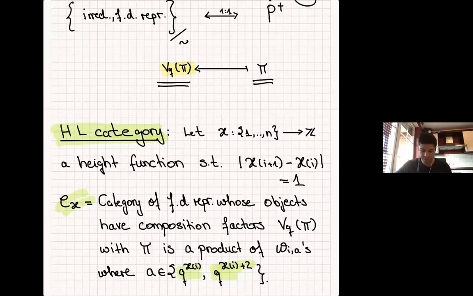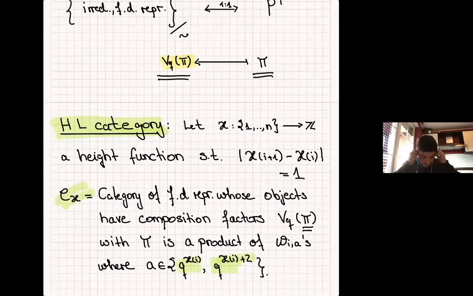So they are all irreducible. Well, it's a Jordan-Hölder series, but you want to say that this pi is a product of these omega i,a's where you allow particular a's. Well, and this depends on the height function. You take q to the power kappa of i, or q to the power kappa of i plus 2. Okay, so that is the category.